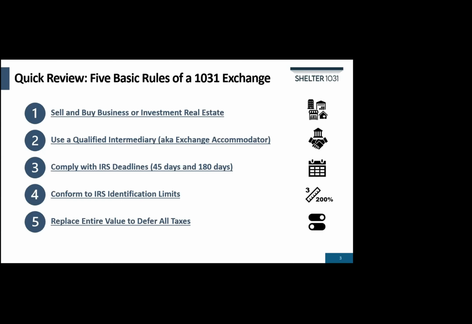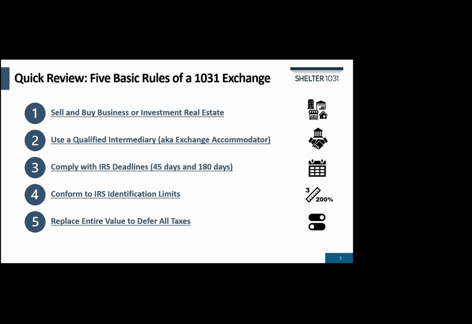Secondly, you must use a qualified intermediary, also known as an exchange accommodator, who must receive and disperse the proceeds of your sale. Third, you must comply with 2 time limits: the 45-day deadline to identify your replacement property and the 180-day deadline to purchase it.